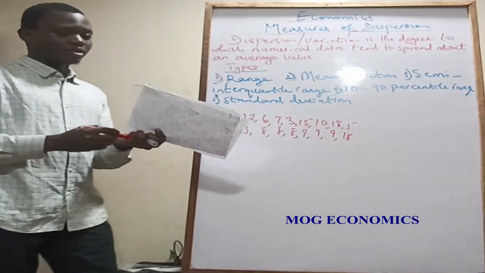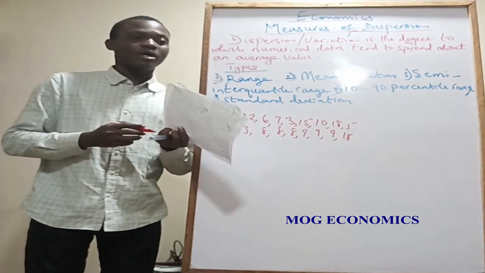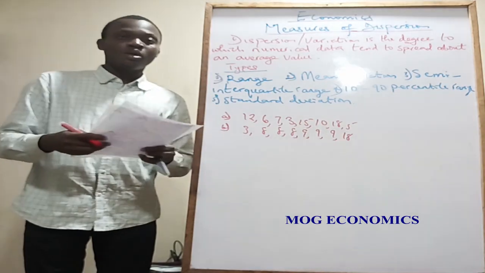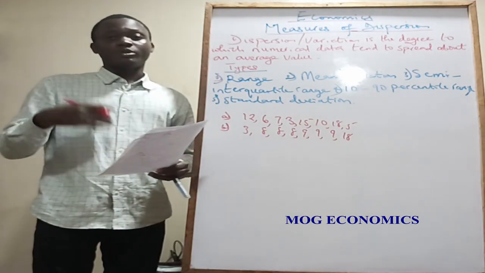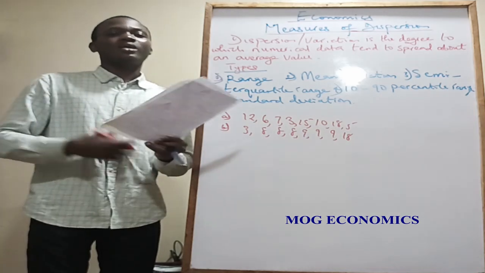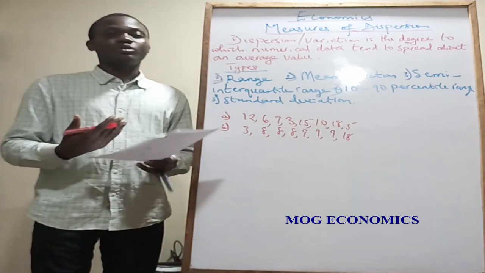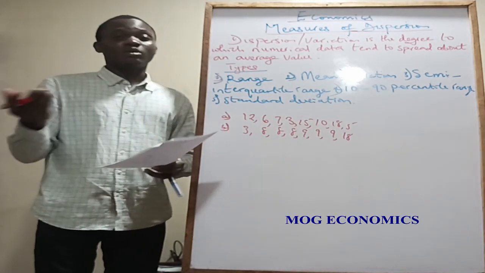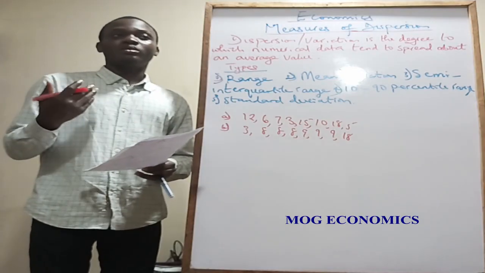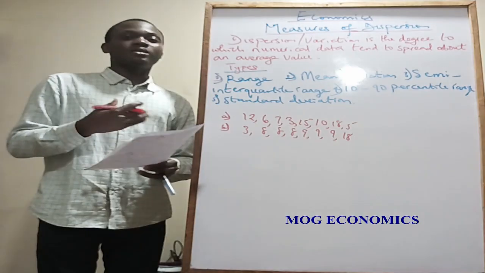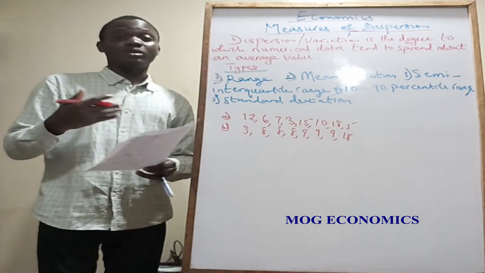Now I want to look at some of the shortcomings of the range. Why the range is not a reliable measure of dispersion. Why you shouldn't just look at the range and then make informed decisions based on the range that you've calculated. If you recall, when we were looking at the concept of the mean, we mentioned that the mean could also be limited in the sense that it is affected by extreme values, otherwise known as outliers.